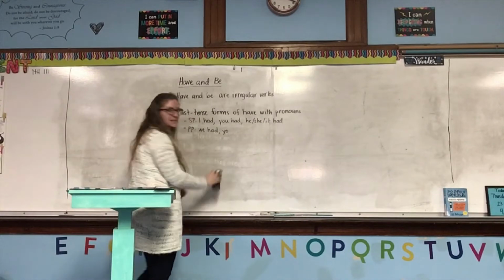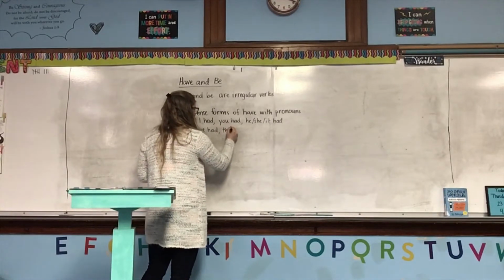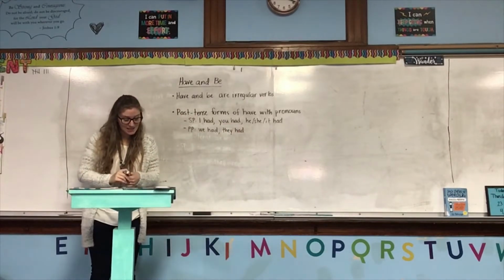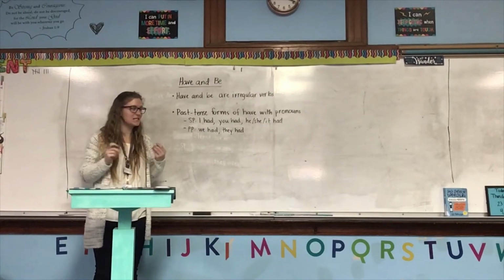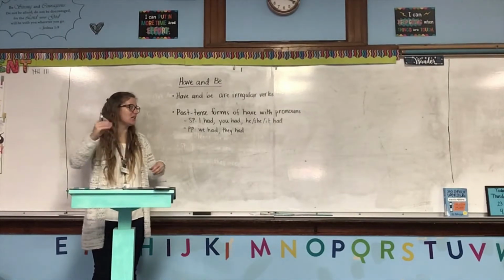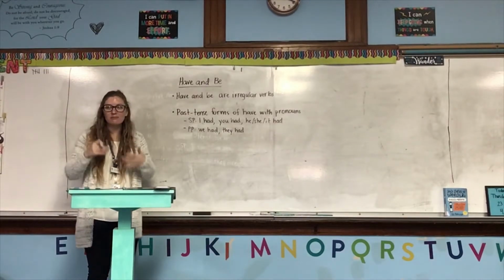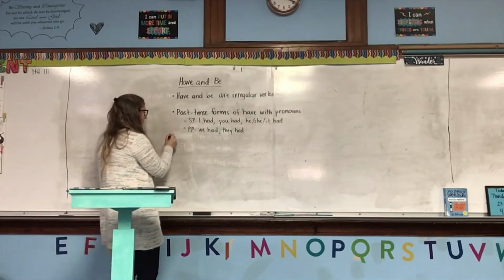Well, you had is the same whether you're talking about one person or multiple people. They had. So past tense, have stays the same no matter what. It is always had. I had, you had, he, she, or it had, we had, or they had. Have is the same in past tense. It is always had.